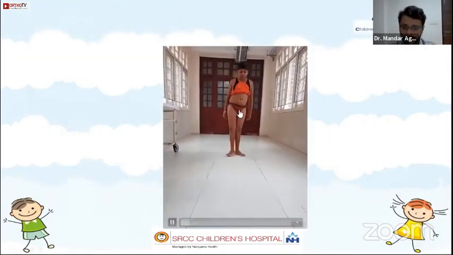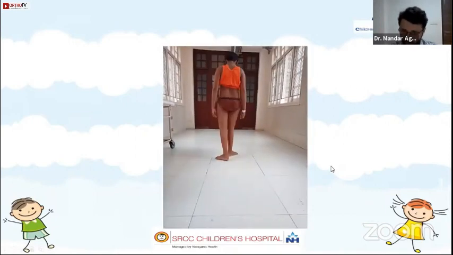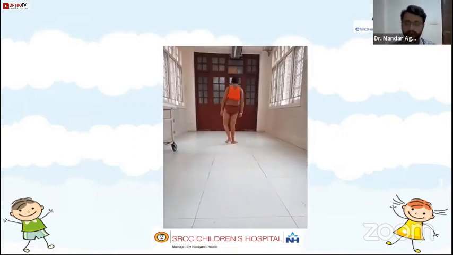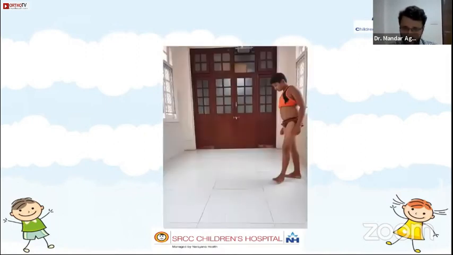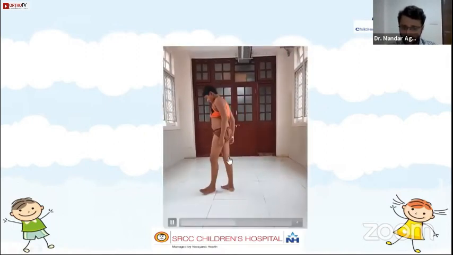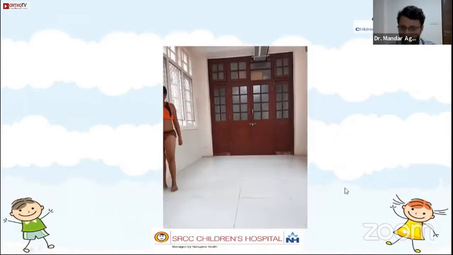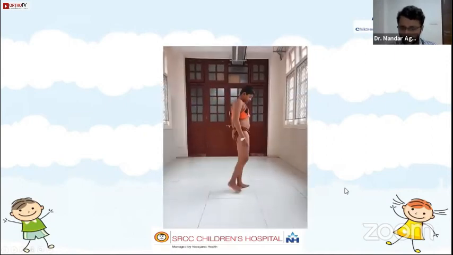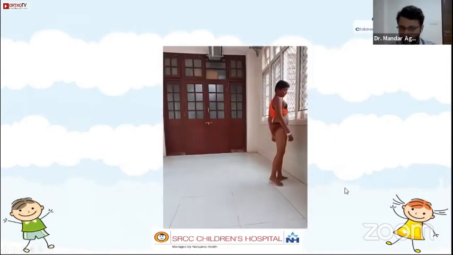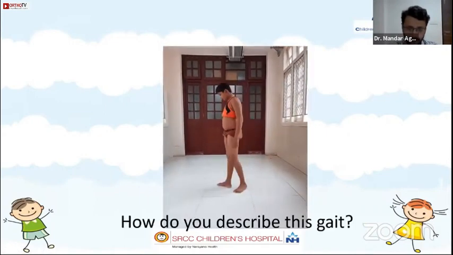You can see that he has a significant Trendelenburg gait, significant waddling, and his external rotation is almost 60 degrees on both sides. The other thing you look at when you see him walking from the side is that he is not flexing his hip much at all. It's almost like a robotic gait where he is moving only about 20 to 30 degrees of the hip, and not like the usual way a child should walk.